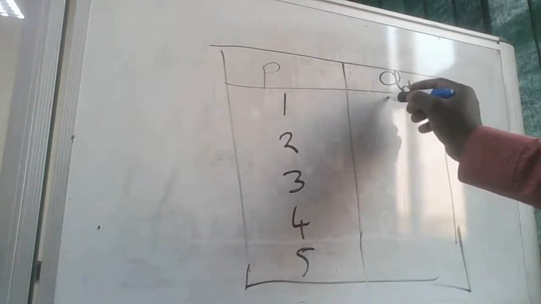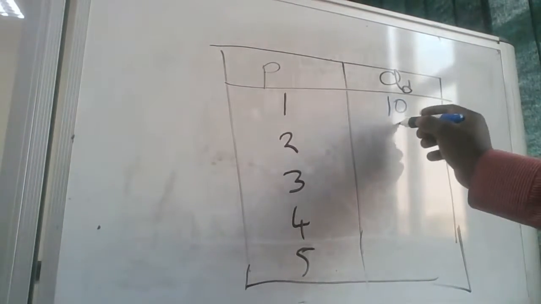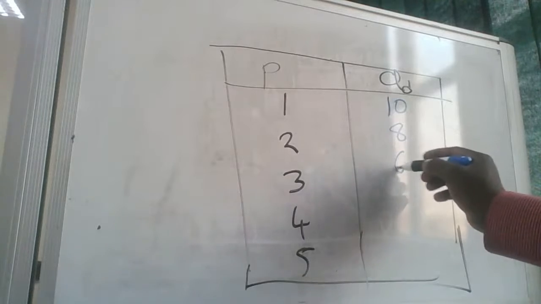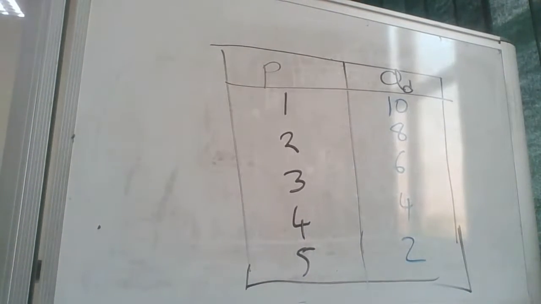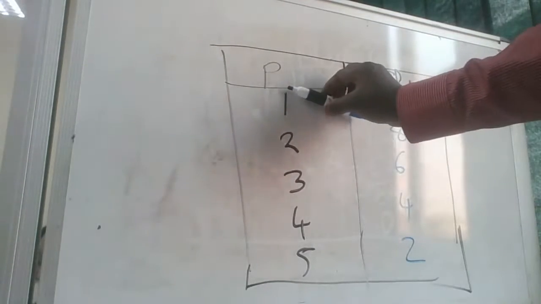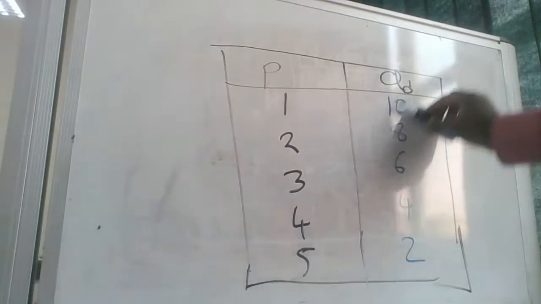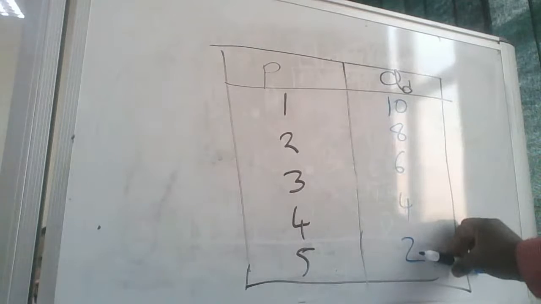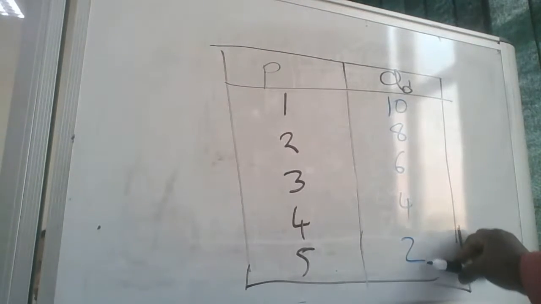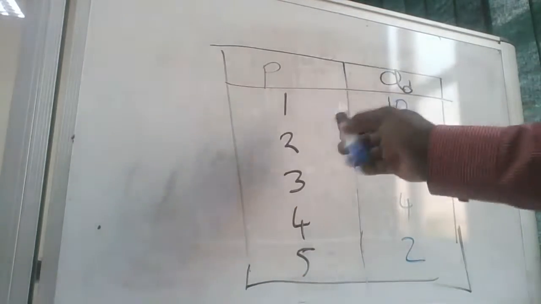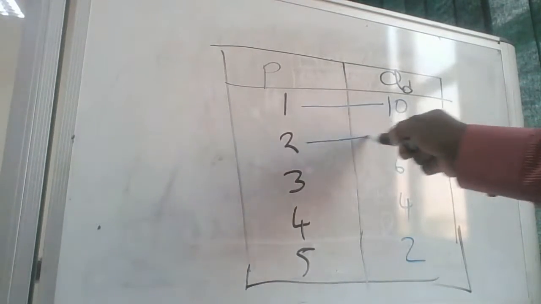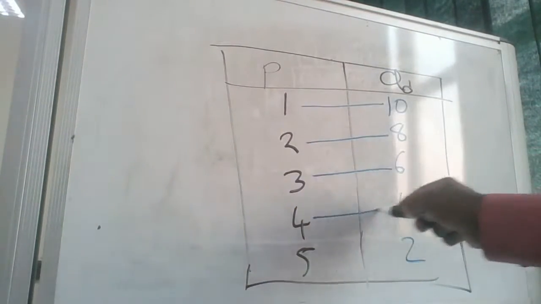So we can say we start from 10, we can assume 8, we can assume 6, we can assume 4, we can assume 2. So you see that as the price is increasing, the quantity demanded will be reducing. Or as the quantity demanded is increasing, the price of a commodity will be reducing.